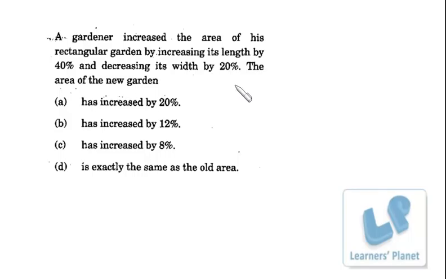So to make the problem very simple, what I do is I take length and breadth, both of them, initially to be 10, right? So initial length and breadth, both of them are 10, and area is 100 obviously. Now length is increased by 40%, so the new length will be 14, and width is decreased by 20%, so the new width is 8, right?